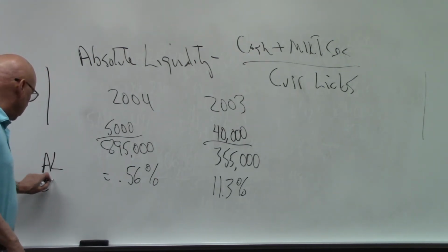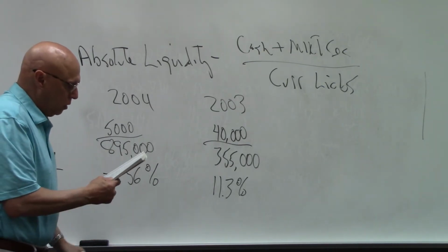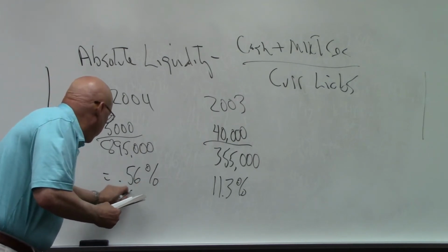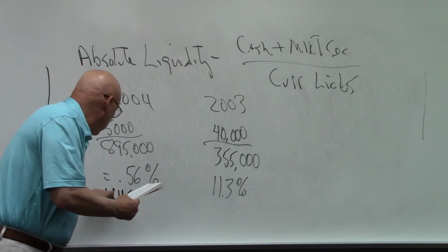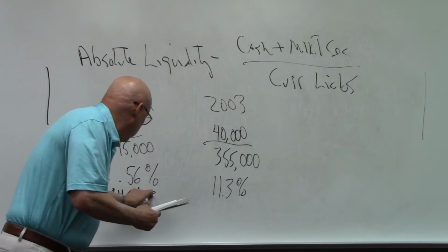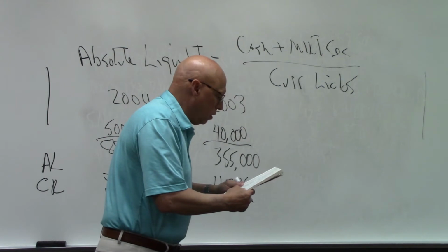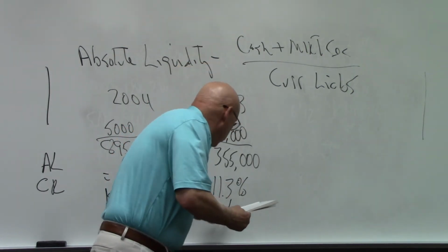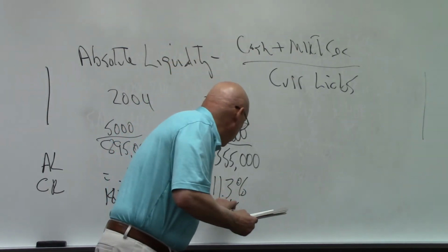Now let's do the current ratio. And the current ratio is 1845 divided by 895, and it is 890 divided by 355.